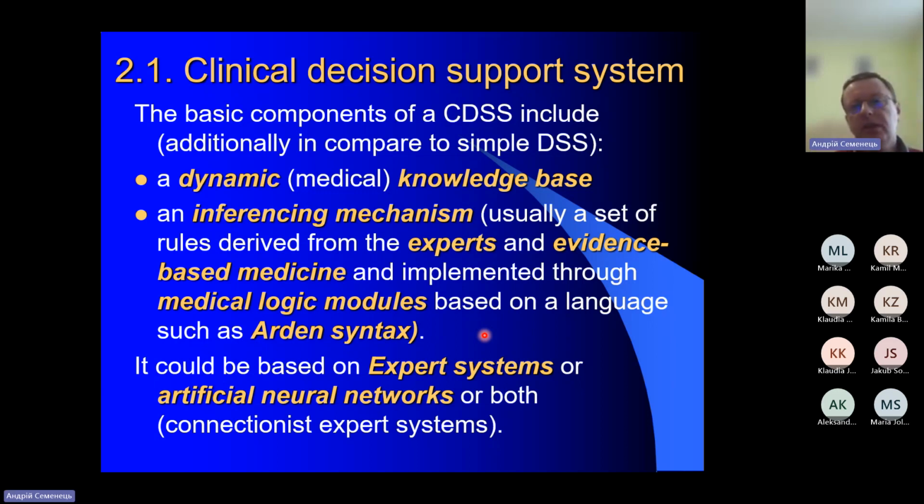In the same way, at this point, it's very difficult to differentiate a clinical decision support system from an expert system, because the usage of a knowledge base as well as an inferencing mechanism based on evidence-based medicine is also a feature of an expert system.